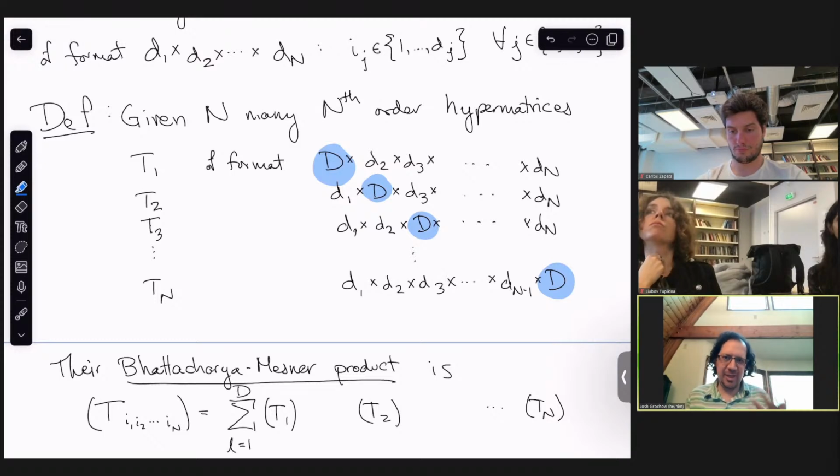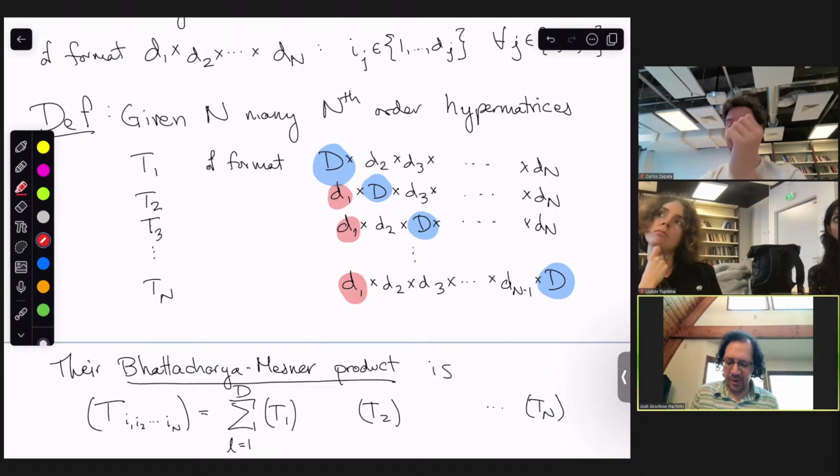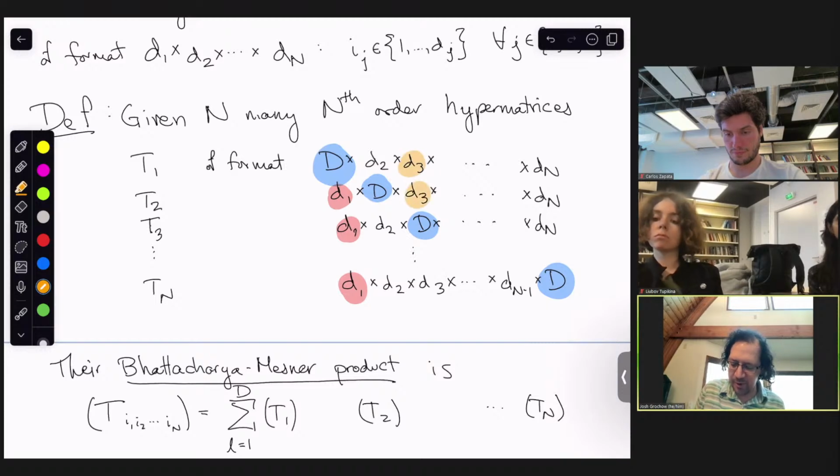You might imagine that's the one we're going to sum over in a second. In the other side lengths, they have to match up. For example, in this first index, aside from the first one, which has the common index capital D, they all have the same length. Similarly, in the third index, all of them except the one that has the capital D have the same length D3.